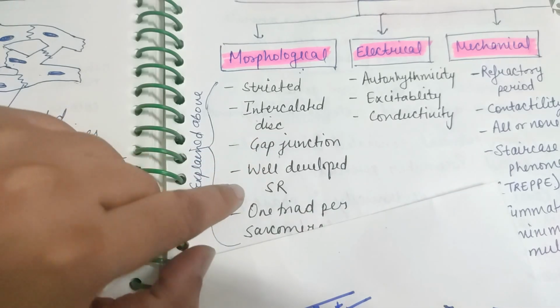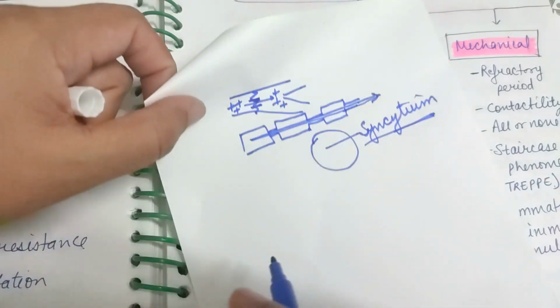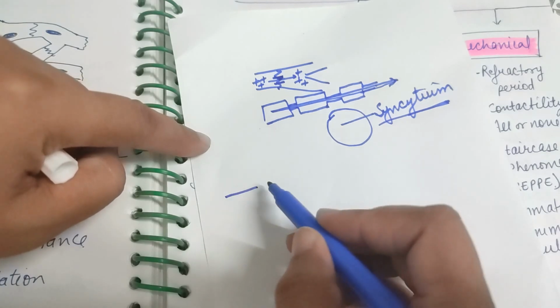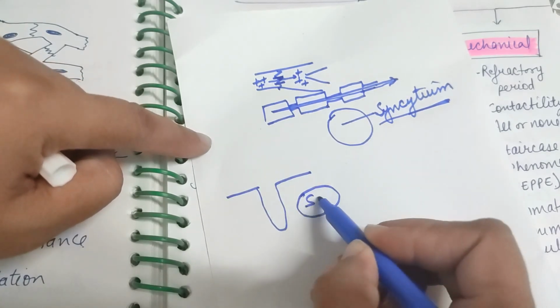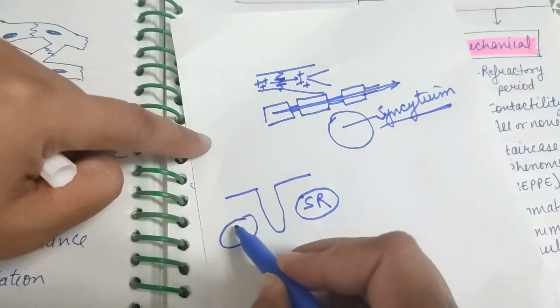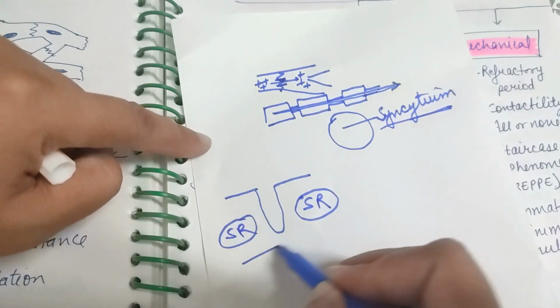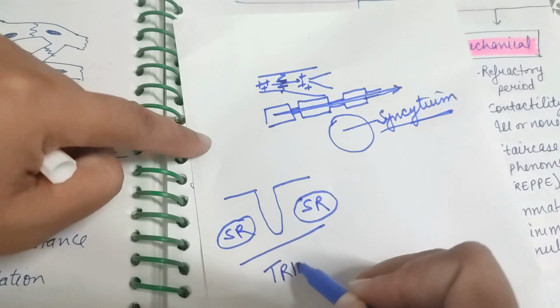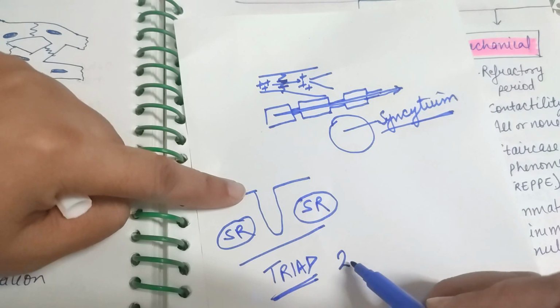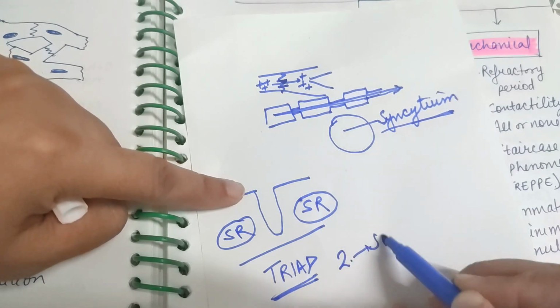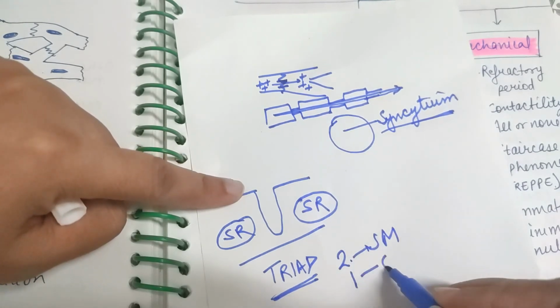The second thing is the well developed SR, sarcoplasmic reticulum. If you remember skeletal muscle, there is a T-tubule and there is the SR, sarcoplasmic reticulum, present over here. We call this a triad, right? In various books you will find that there are two triads in skeletal muscle and one triad in cardiac muscle.